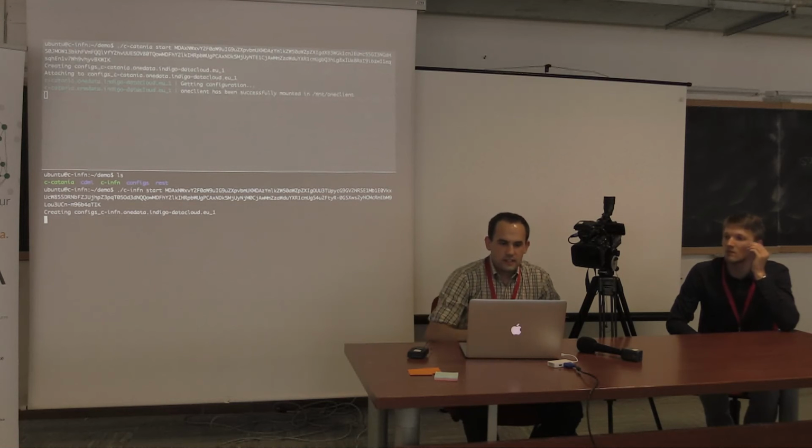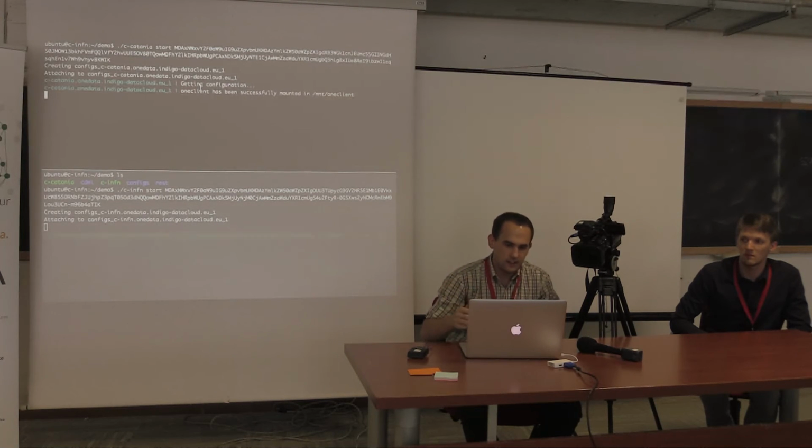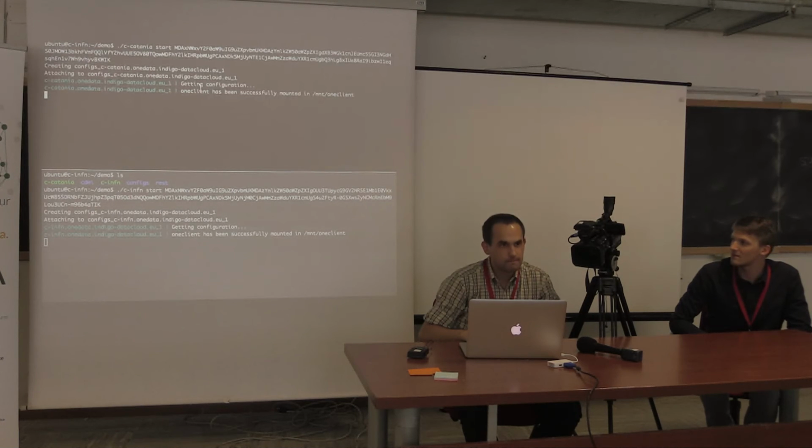And you also see that during the process of mounting one client, we fetch some configuration needed for it to properly start. In the script, this wrapper, it's specified which provider the client connects to.